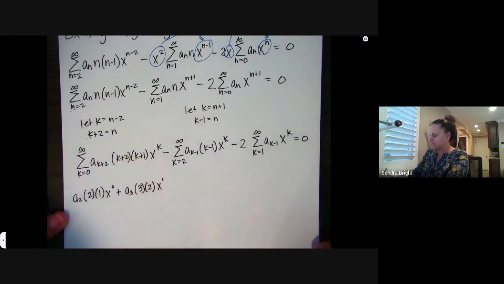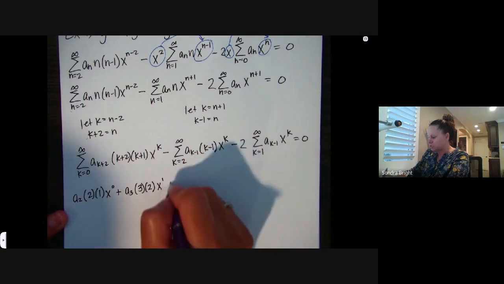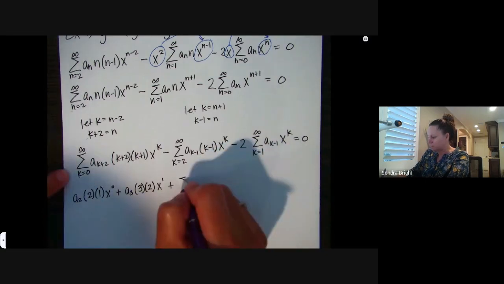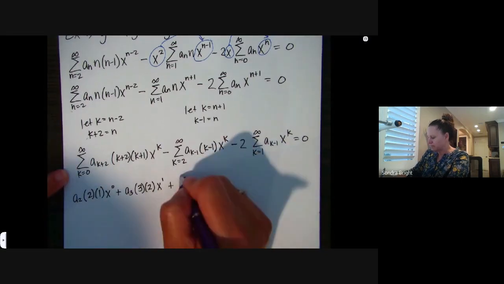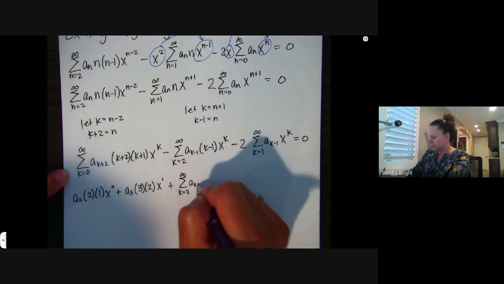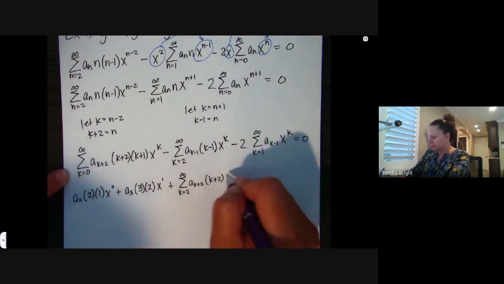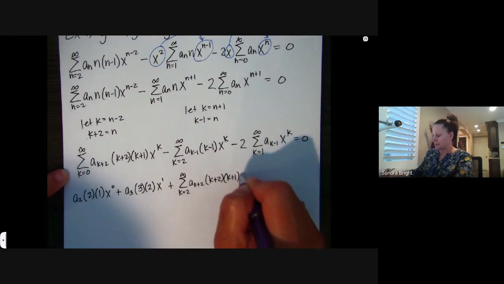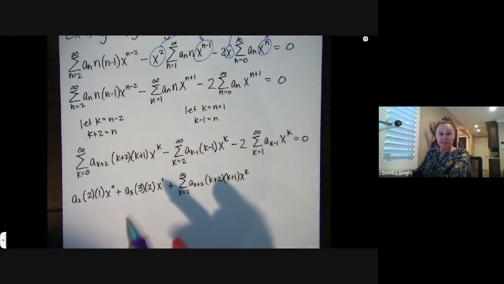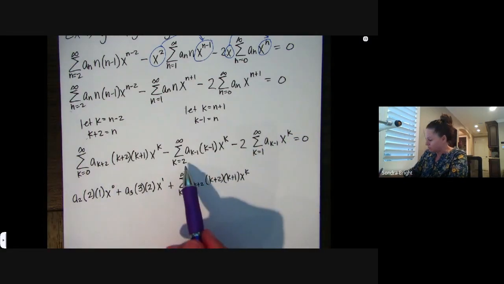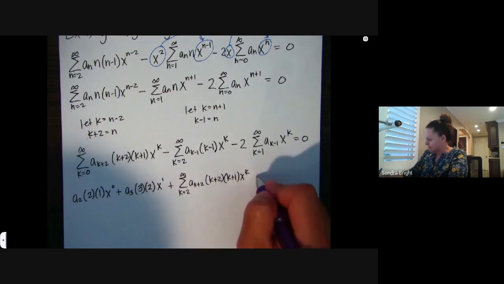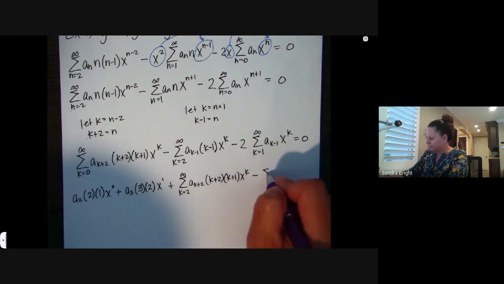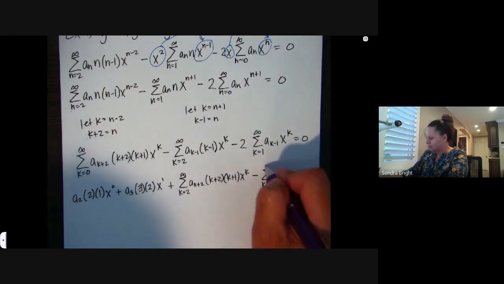And then I have the sigma notation, but starting with k equals 2 now. Everything else stays the same. Okay, and then I've already got a k equals 2 starting there, so I'll just write that one. Infinity a k minus 1.